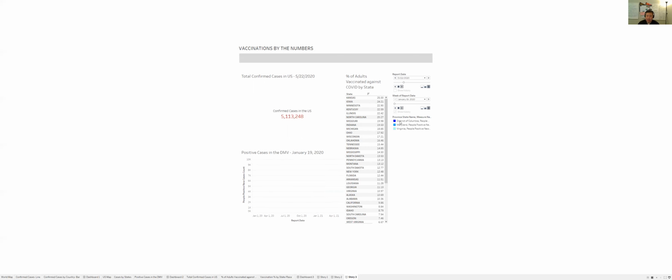As you could see here, it takes a snapshot week over week of the cases in the DMV area. If you zoom in on this graph, the light blue color up here represents Virginia. The blue color here represents Maryland, and then the dark blue color here represents DC.